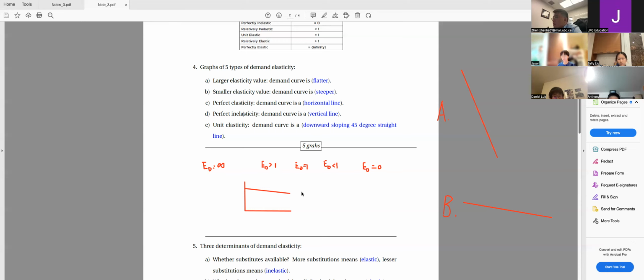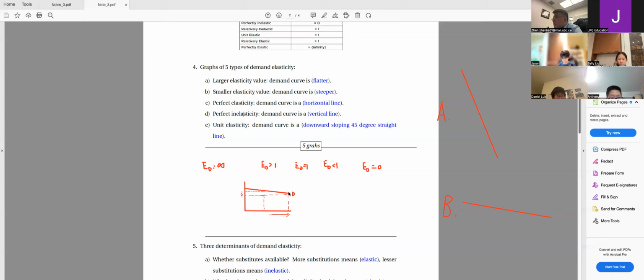Why? Because graphically, when you have a flatter curve, a very small change in price level can lead to a very big change in quantity demanded.